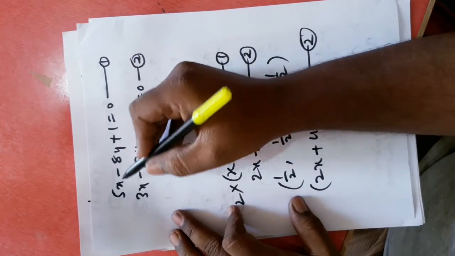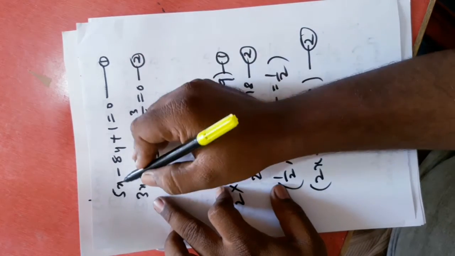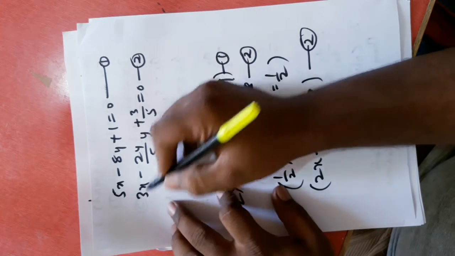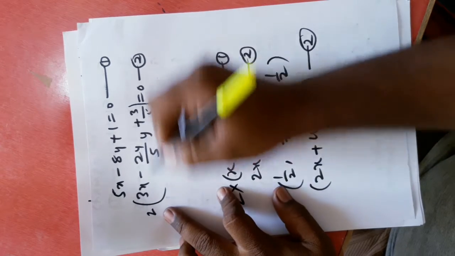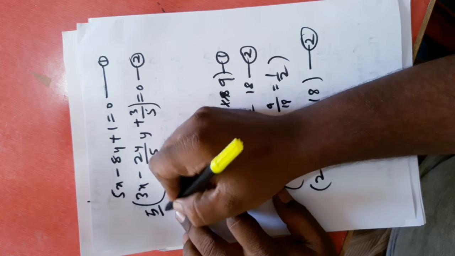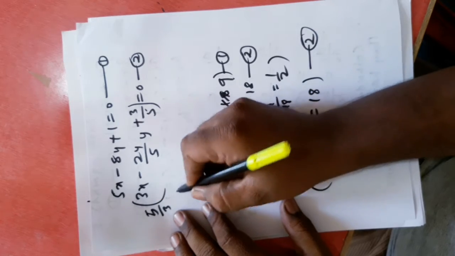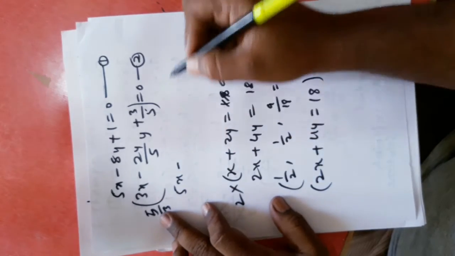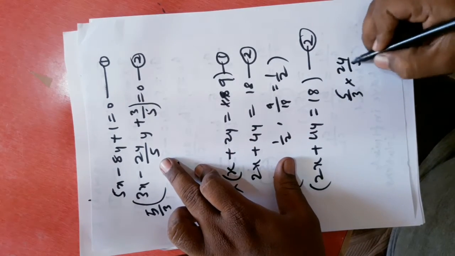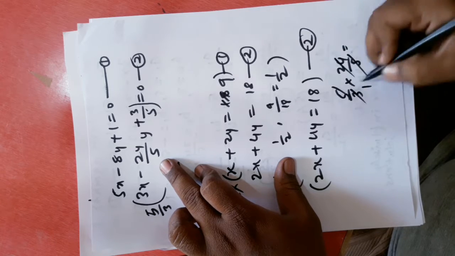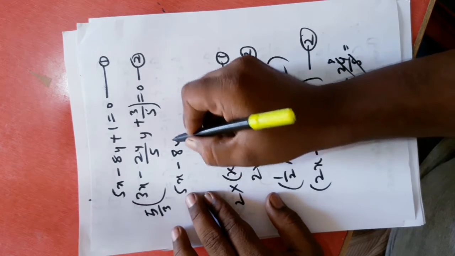See, if you multiply equation 2 by 5 by 3, here you should get 5x. The 3 cancels, it will be 5x minus 5 by 3 into 24 by 5, the 5 cancels, 3 eights are 24, so it will be equal to 8y.